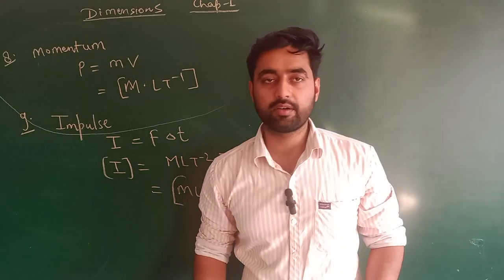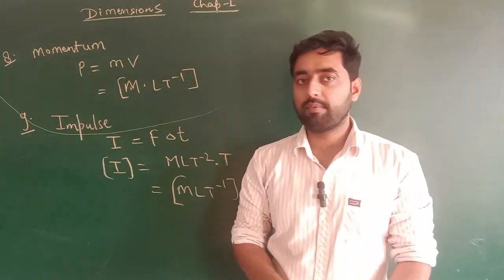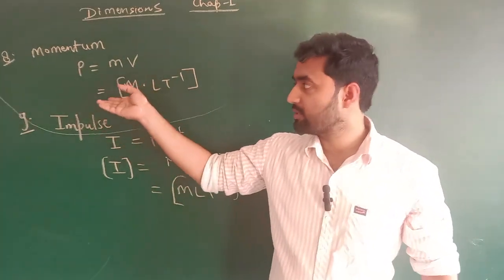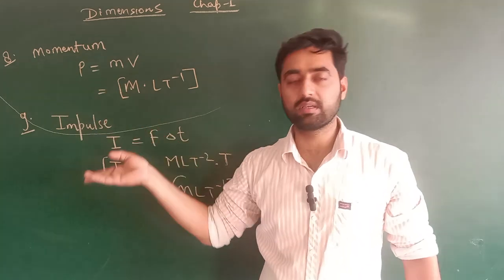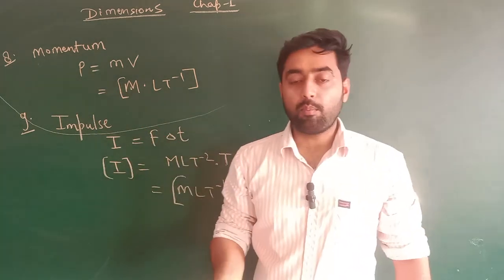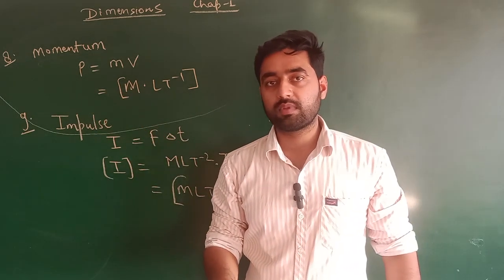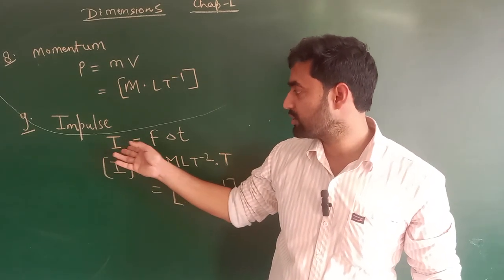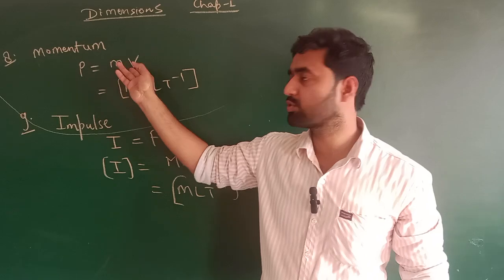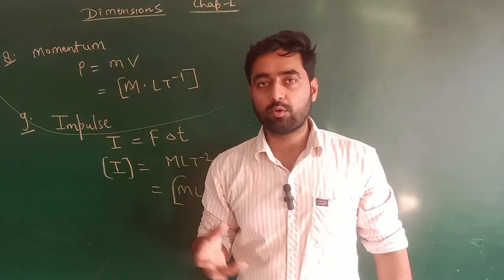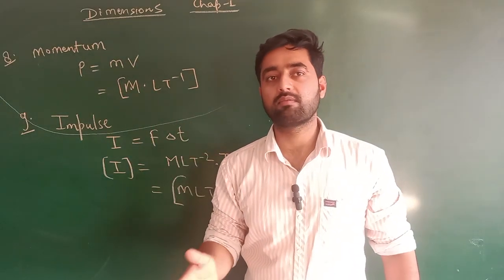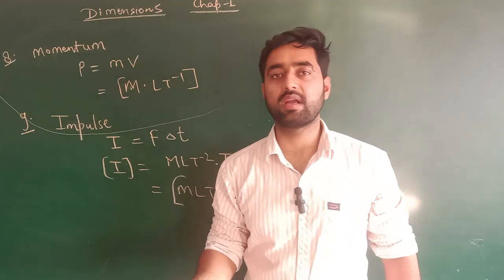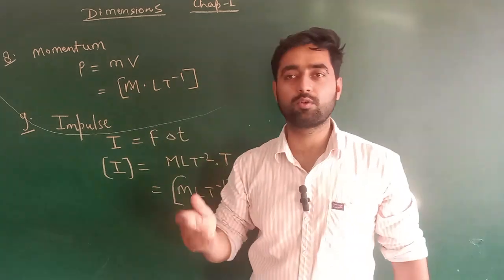Let me make it very clear in your mind that when I'm writing the dimensional formula of different physical quantities, probably you might not be aware of how I got formulas like I is equal to F delta t or P is equal to mv. Don't get into the derivation or the concept behind it.